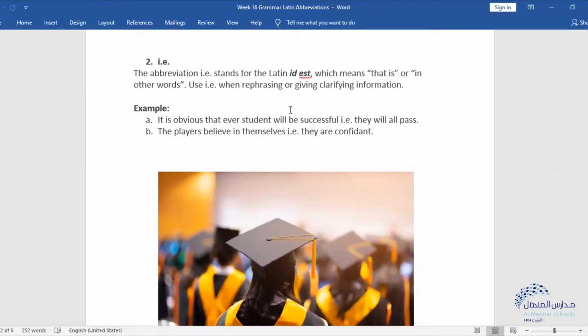Looking at the example, it's obvious that every student will be successful. Id est, or in other words, they will pass. The players believe in themselves. Id est, they are confident. Or in other words, they are confident is the second sentence. So that's how you use i.e. or id est.